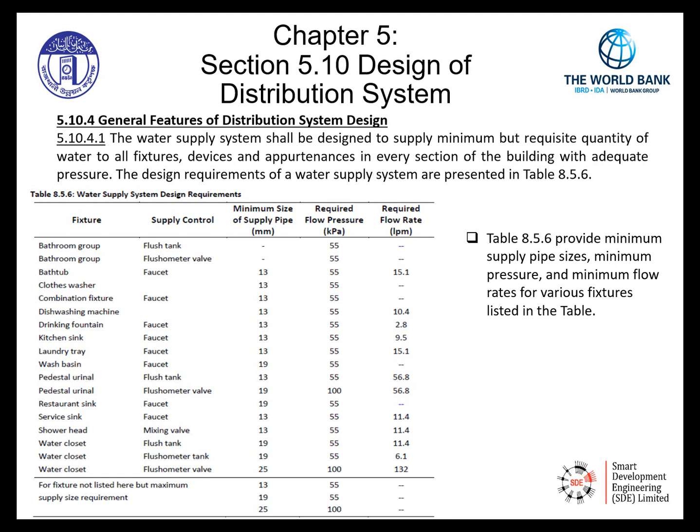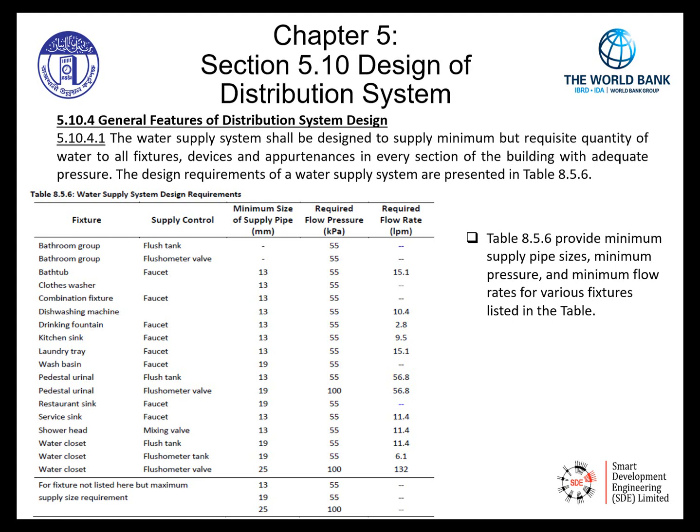And for the kitchen sink, we see in this case the minimum size of supply pipe cannot be any smaller than 13 millimeters.